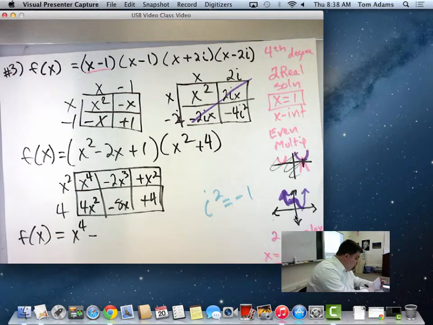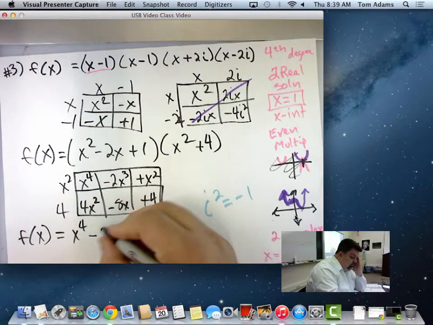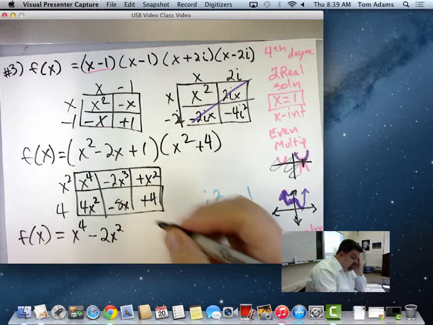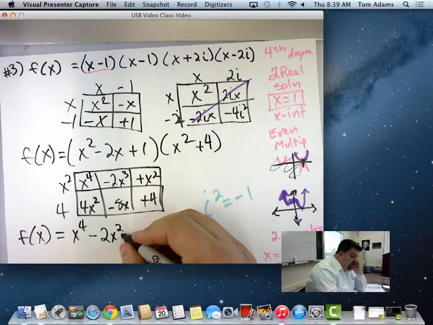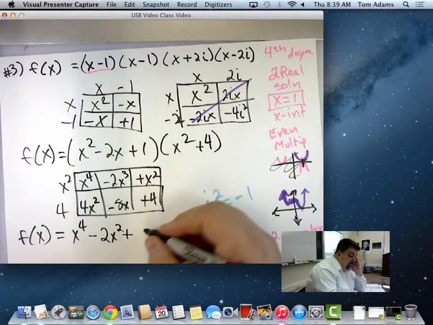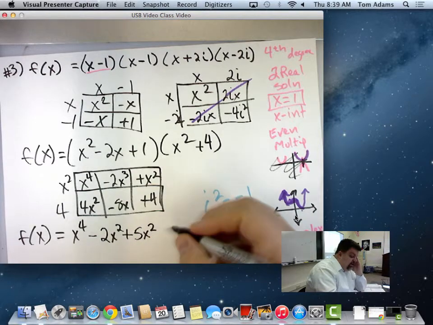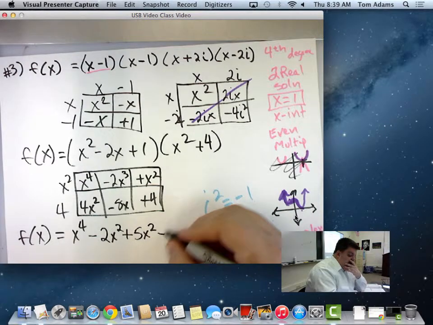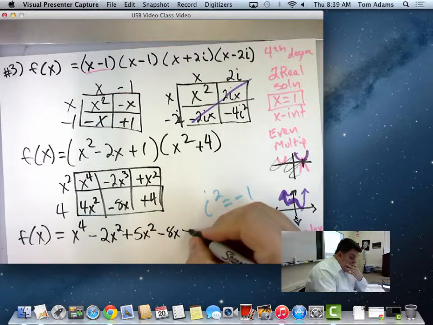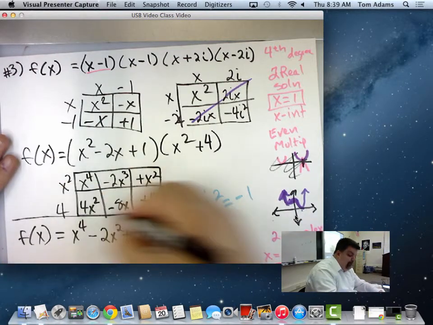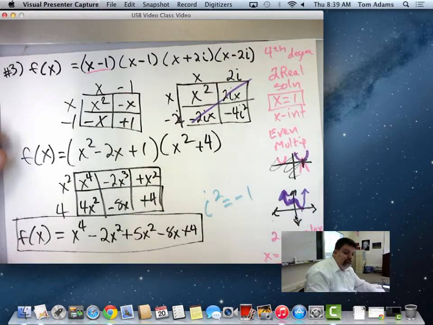I'll check in the back of the book, you lazy bums. What's the next one? Negative 2x to the 3rd. Then we have plus 5x squared, yeah? Plus 5x squared. Then what? Minus 8x plus 4? Okay, good. We did it right.